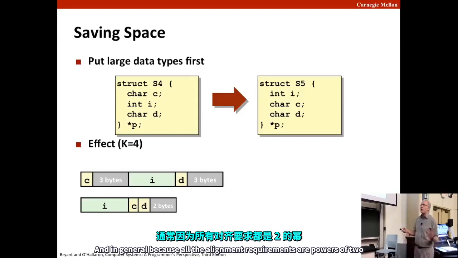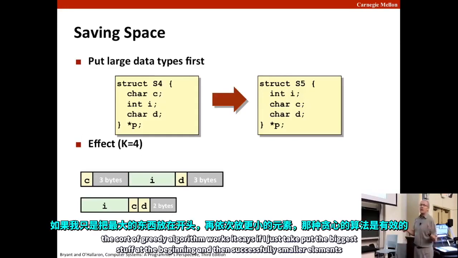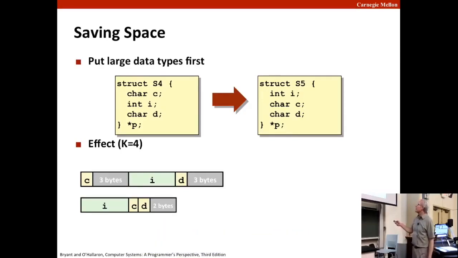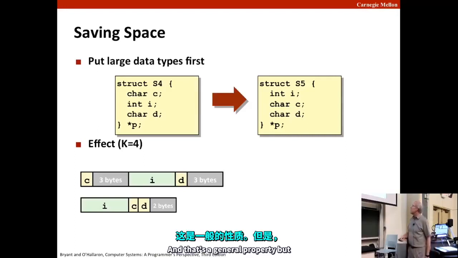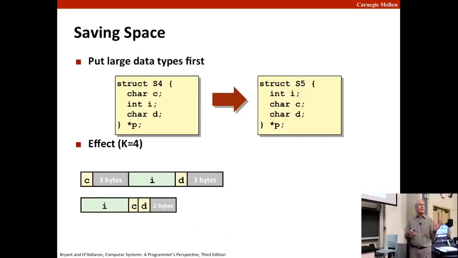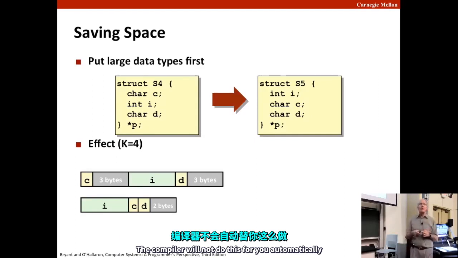And because all the alignment requirements are powers of 2, the greedy algorithm works. It says if I just put the biggest stuff at the beginning and then successively smaller elements, I will be able to minimize any wasted space. And that's a general property. But this is a case where you, as the writer of C code, have that effect. The compiler will not do this for you automatically.